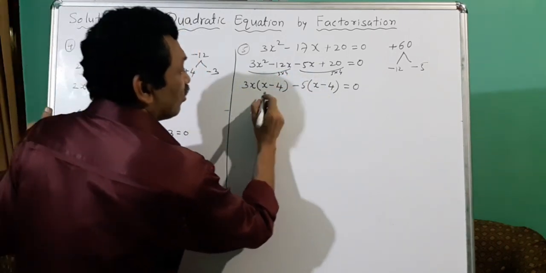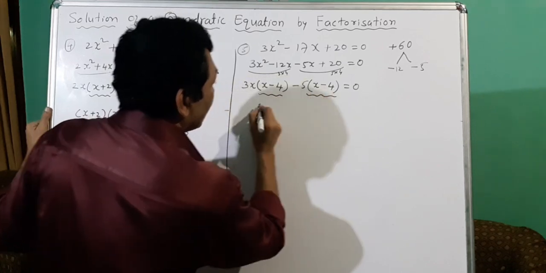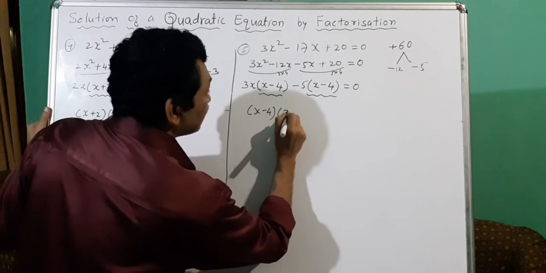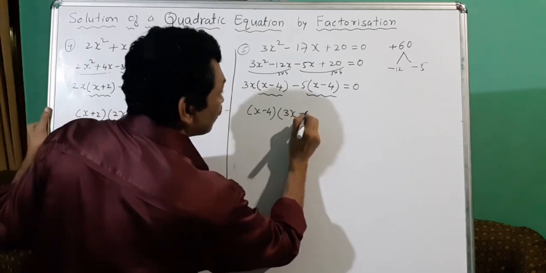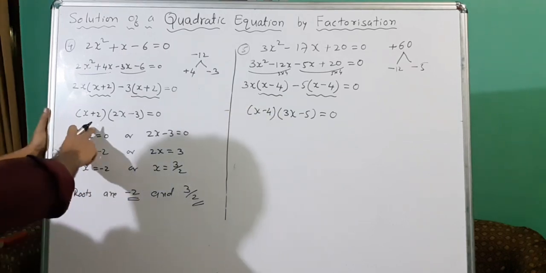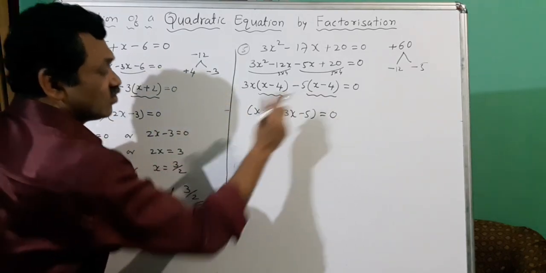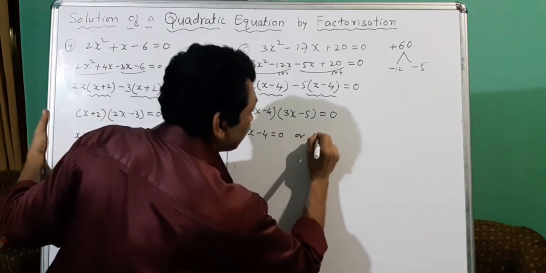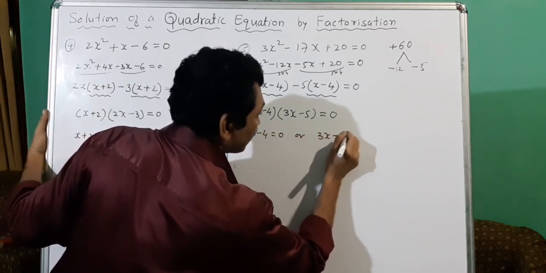So I am taking this common bracket, x minus 4 is a common bracket. So what is remaining here? 3x, here minus 5 is equal to 0. Again as earlier we have done, when the product of two brackets is 0, that means either the first bracket is 0 or the second bracket is 0.